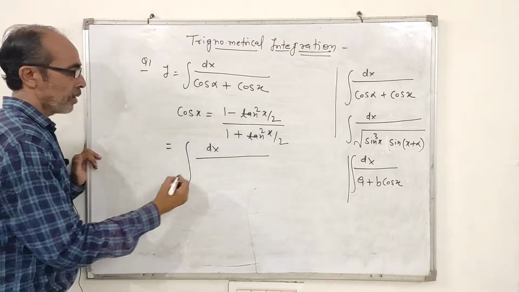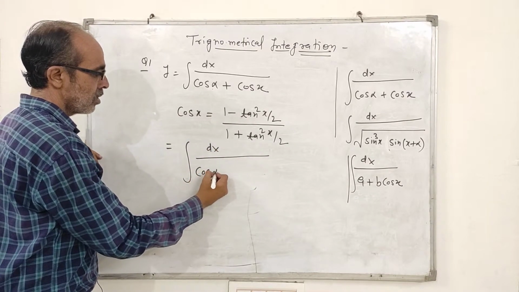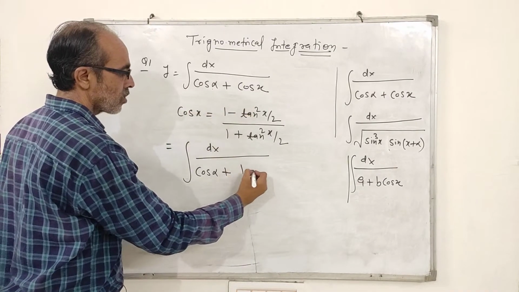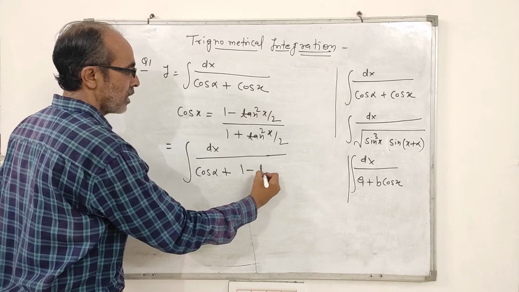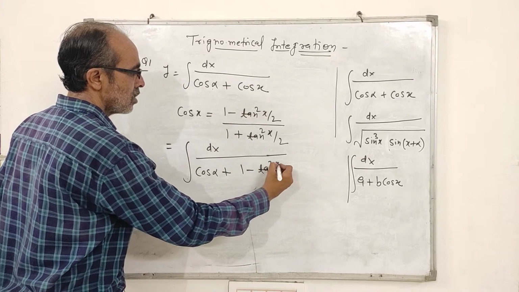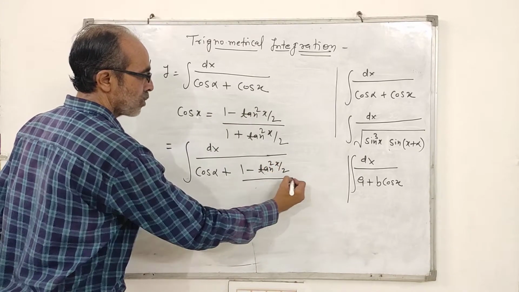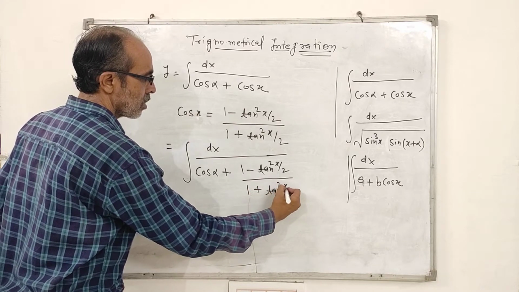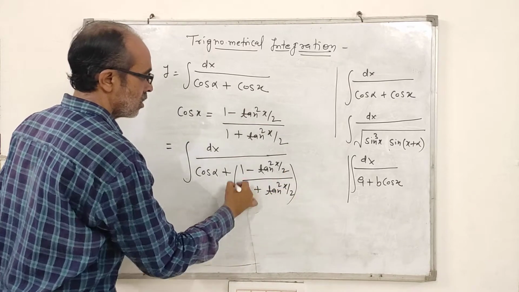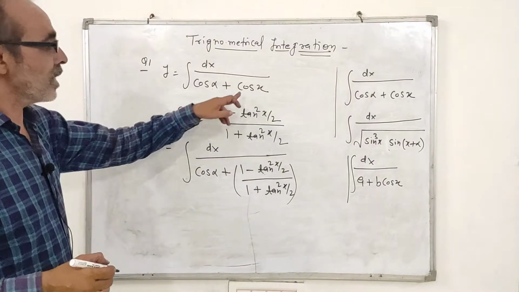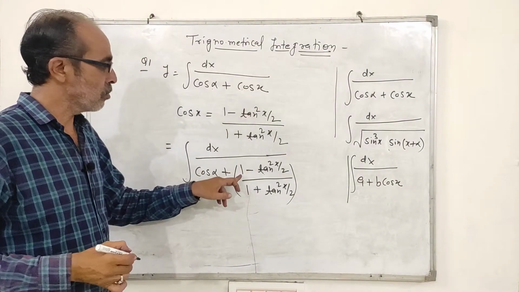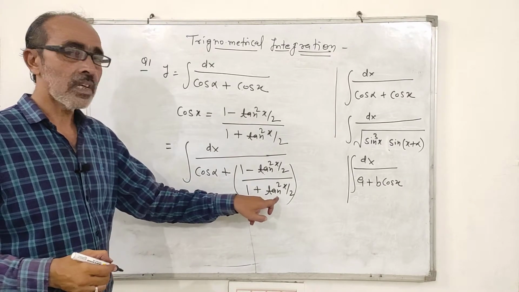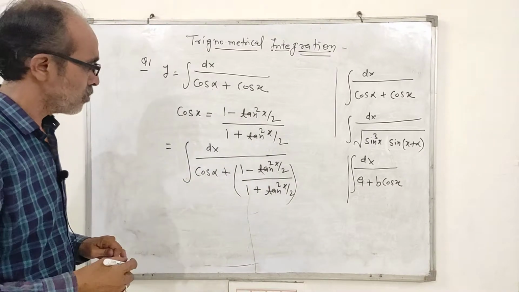dx divided by cos alpha plus 1 minus tan square x by 2 divided by 1 plus tan square x by 2. The value of cos x in terms of tan x by 2 is 1 minus tan square x by 2 divided by 1 plus tan square x by 2.